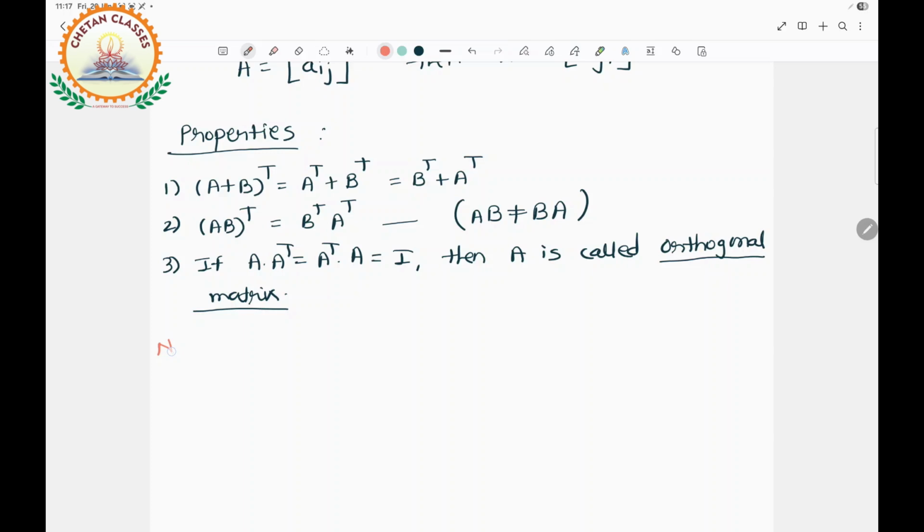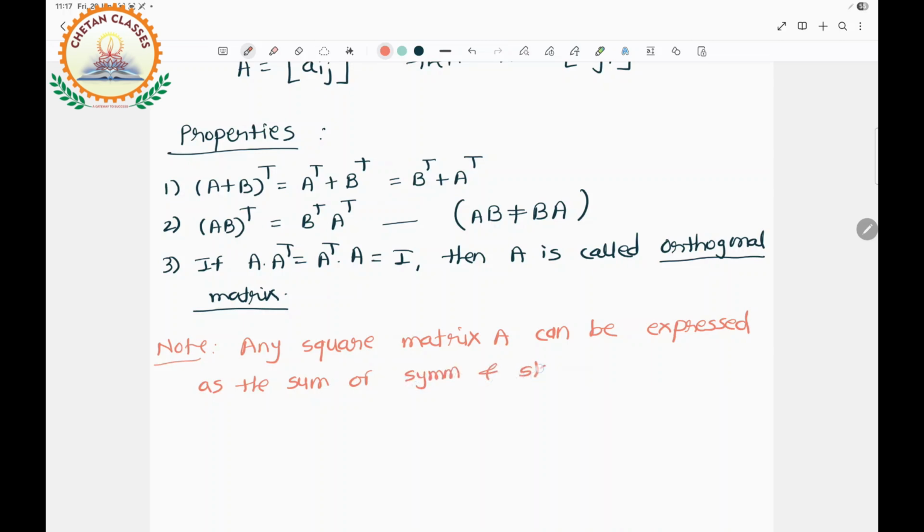Note, any square matrix A can be expressed as the sum of symmetric matrix and skew symmetric matrix.